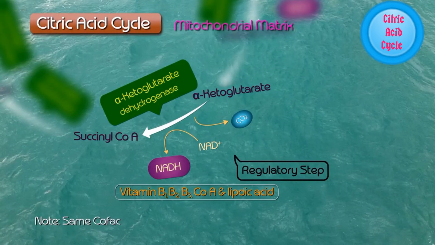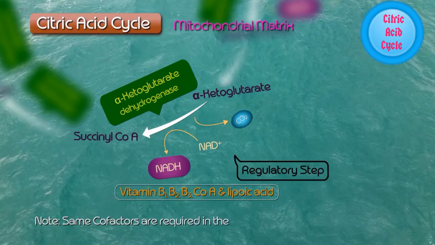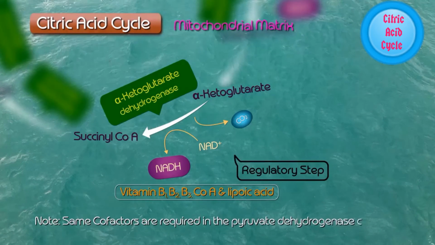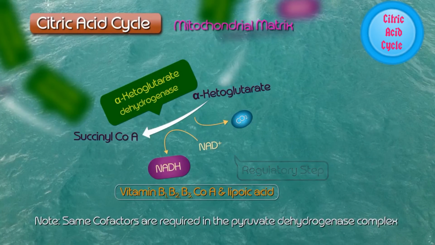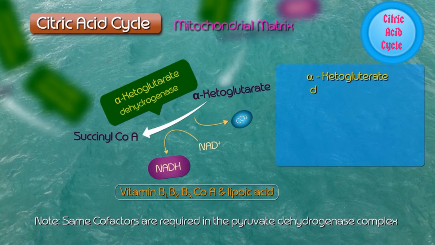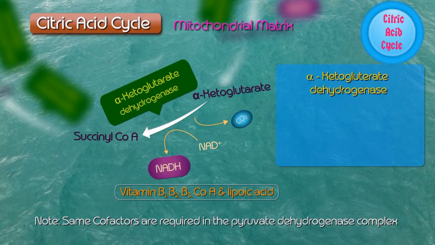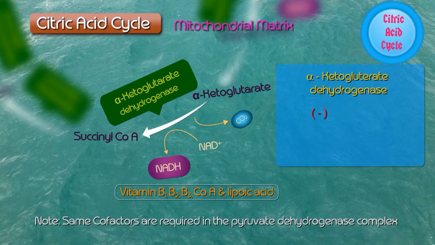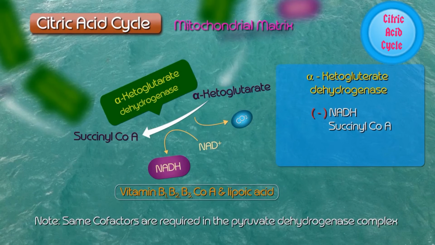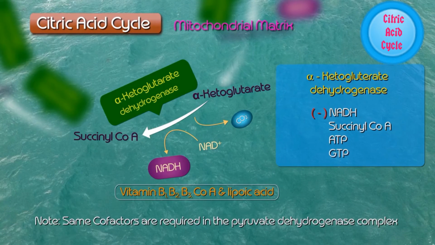So note the important point here that the same cofactors are required in the pyruvate dehydrogenase complex. So the alpha ketoglutarate dehydrogenase is inhibited by NADH, succinyl-CoA, ATP and GTP.